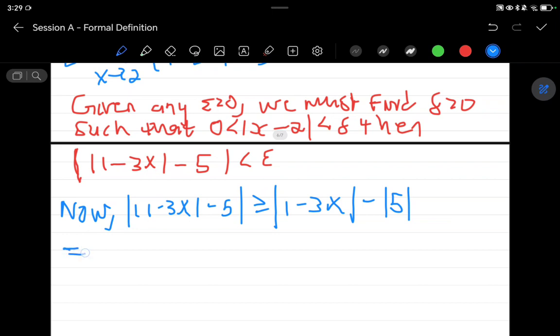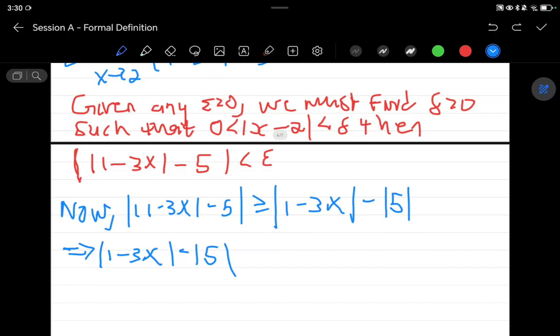Then this would imply that the absolute value of 1 minus 3x minus 5, then I take this one.